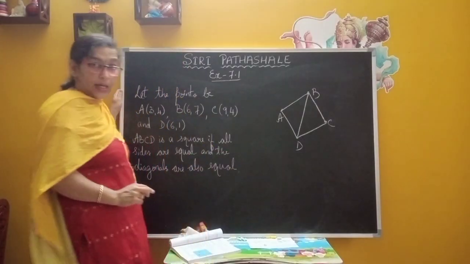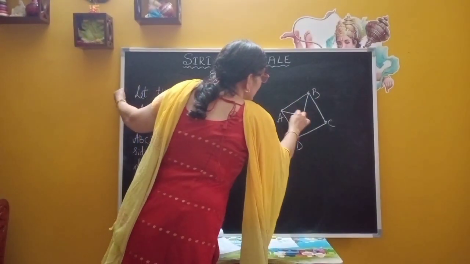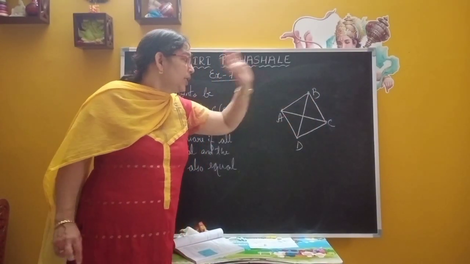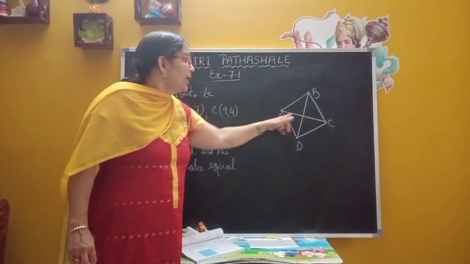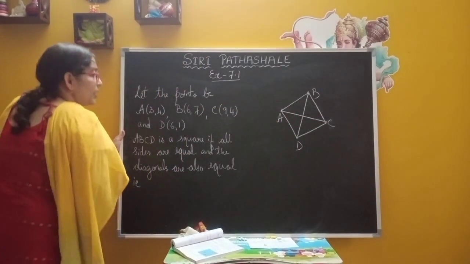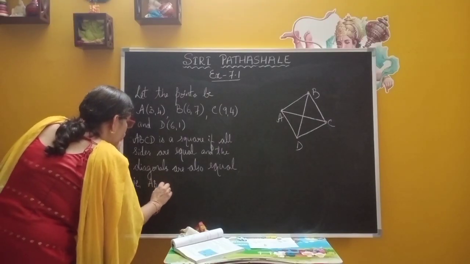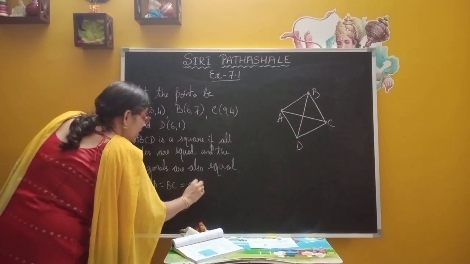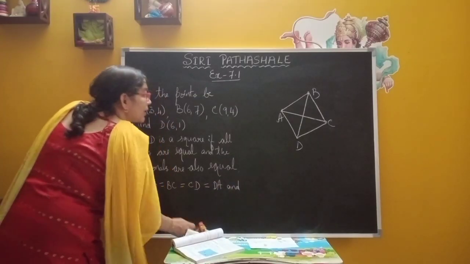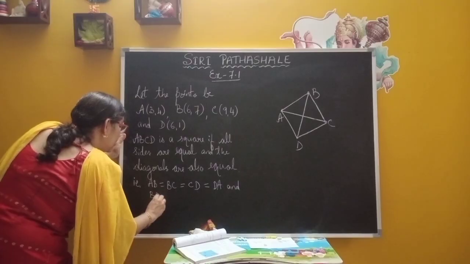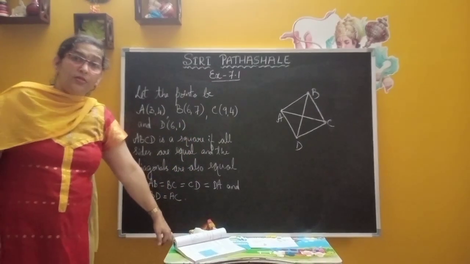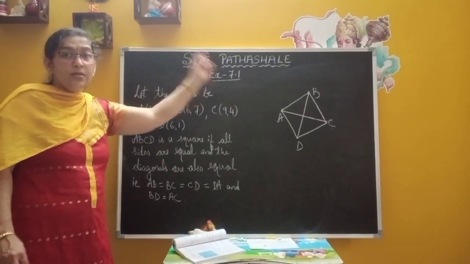BD is one diagonal and AC is another diagonal. We need to prove these diagonals are also equal, that BD and AC must be equal. So the right condition is AB equals BC equals CD equals DA, and the diagonals BD equals AC. If these conditions are satisfied, the diagram formed is a square.